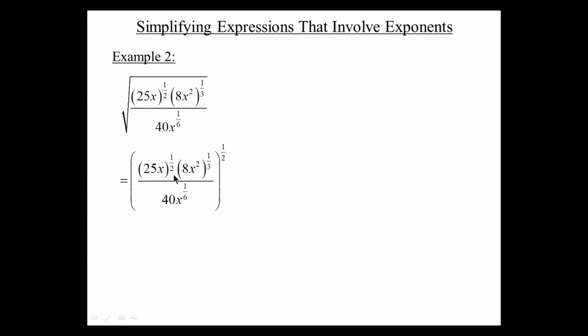Now, inside the brackets, I can see that this 1/2 exponent is applied to the 25, and it's applied to the x. So it'll be 25 to the 1/2, but we do that in our head. 25 to the 1/2 is the square root of 25, so that'll be 5x to the half in the numerator.